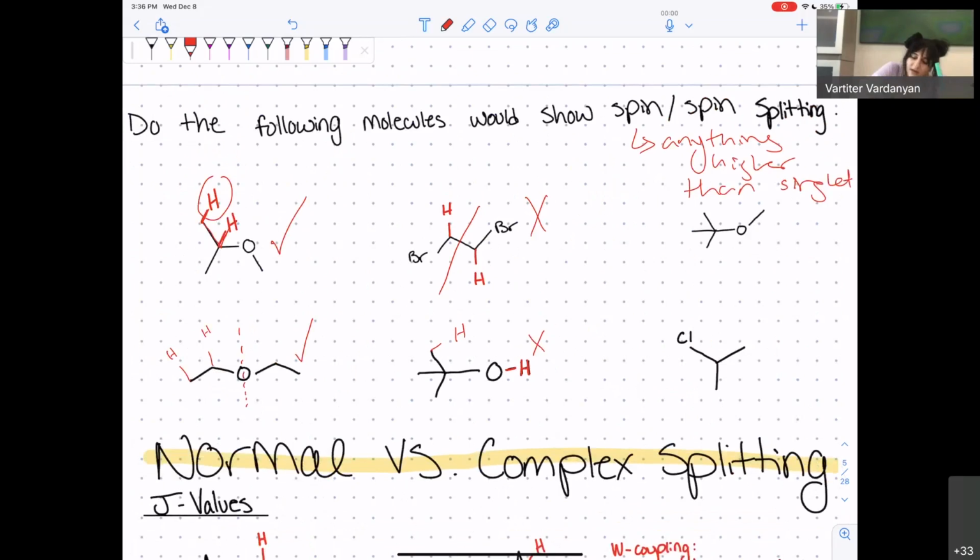The last two, 1, 2, again, way too far away, does not show spin splitting. For this one, we have 1, 2 hydrogens, 1, 2, 3. They are within 3 bond lengths. They are neighbors. So, ta-da, they are in fact showing spin splitting.